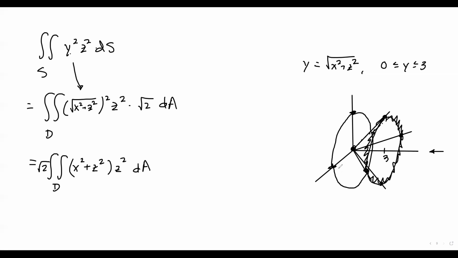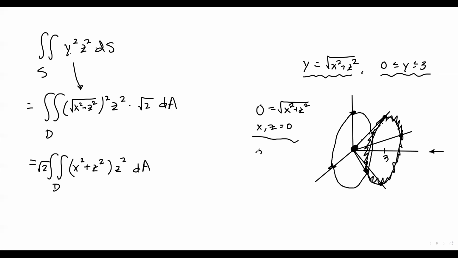Okay. The way that you can figure out how big this circle is, is to go back to what you were given that defined it. We have y is this, and y goes from 0 to 3. If you take y equals 0 and plug it in, you get 0 equals the square root of x squared plus z squared, which, if you solve it, has x and z both 0. That's the origin. That's the innermost part of the object.